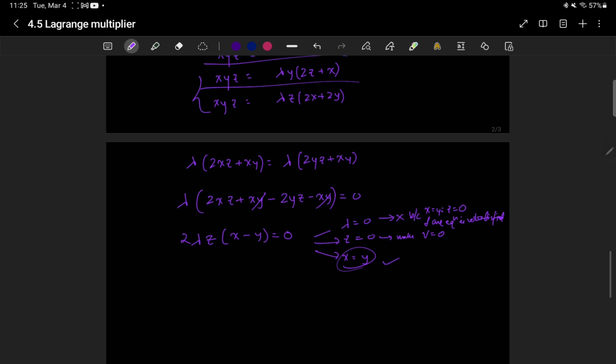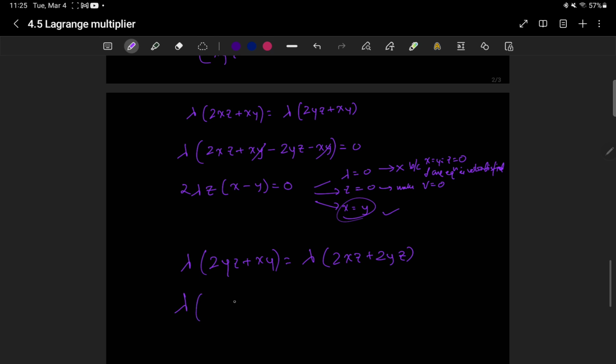Now I can also compare these two in the same fashion. Then I will have lambda times 2yz plus xy equals lambda times 2xz plus 2yz. So lambda times (2yz plus xy minus 2xz minus 2yz) equals 0.